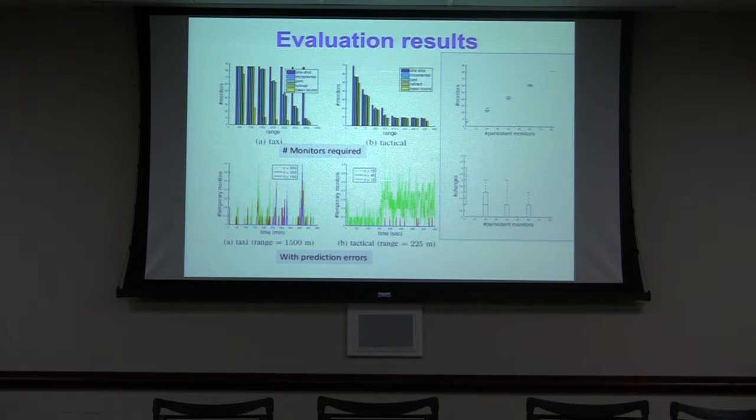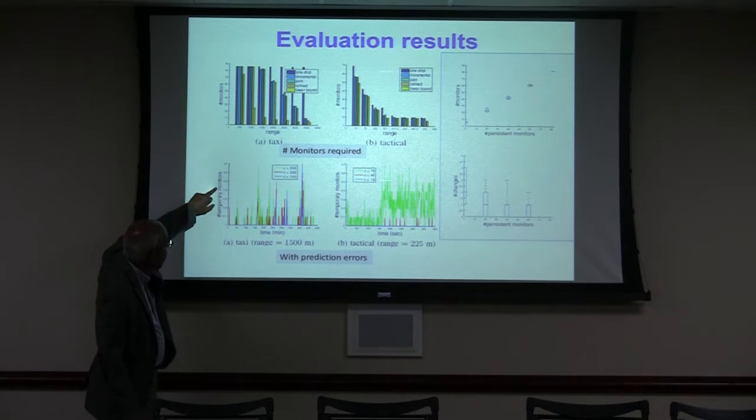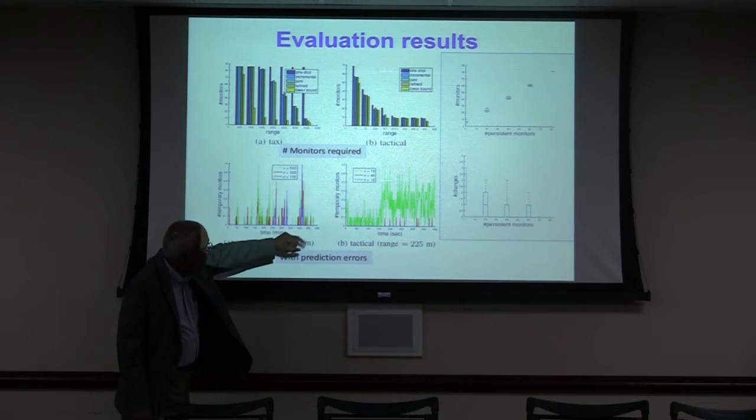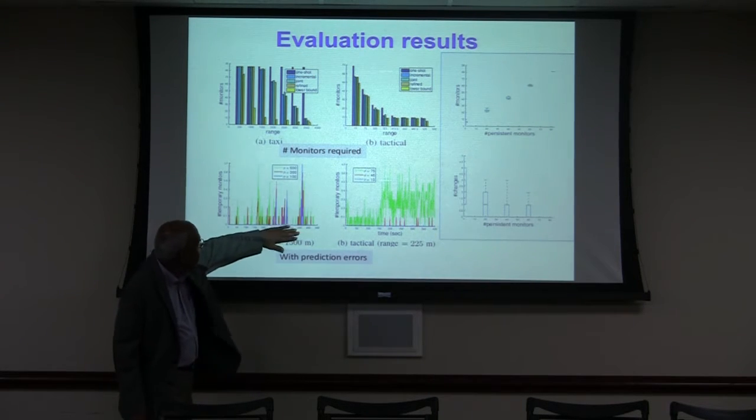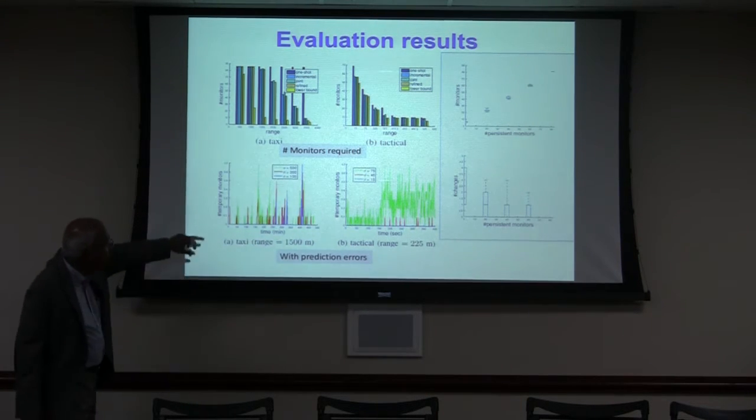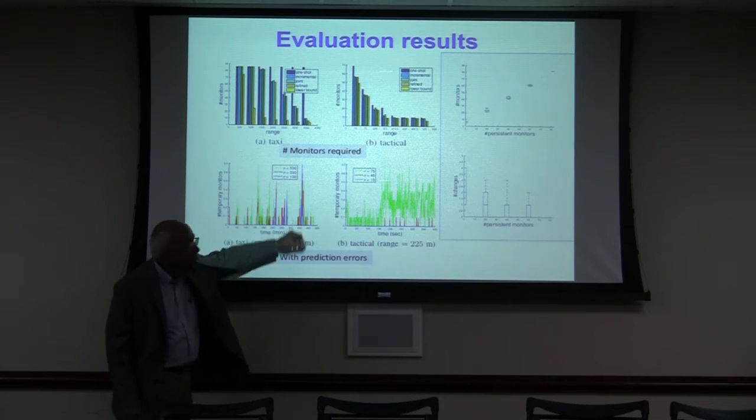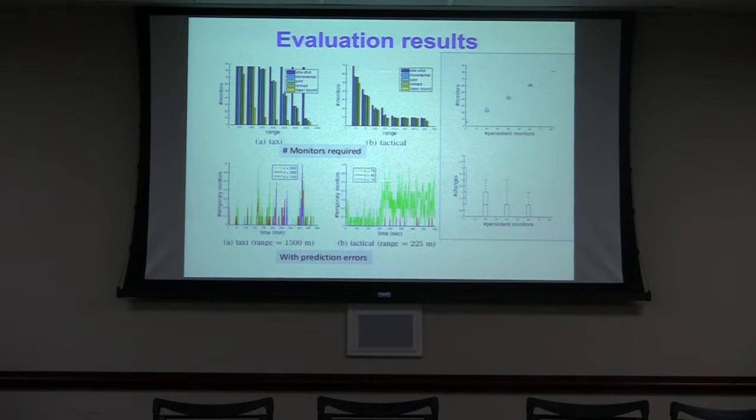Then you can look at the monitor placement and ask, is it sufficient? If not, I need to add monitors. So what's the average number of monitors I need to add? That's shown here: the number of temporary monitors I need to add across time, really across snapshots. The interesting thing in both cases is that you need to add very few monitors on average.